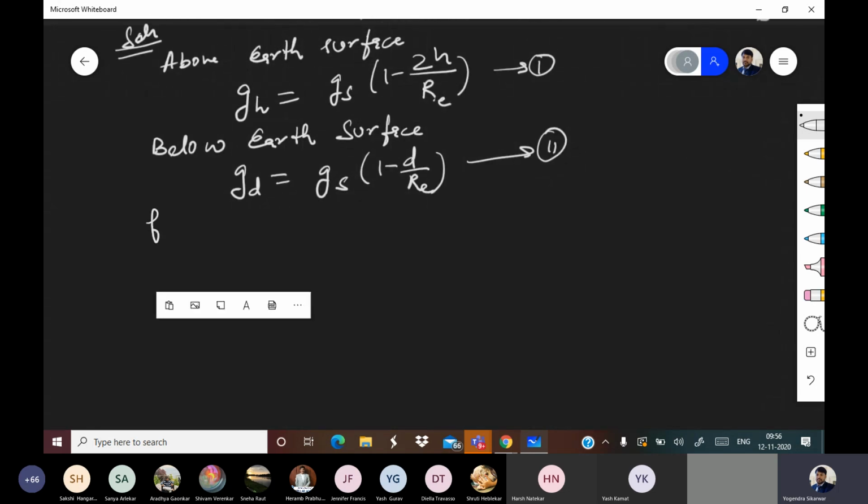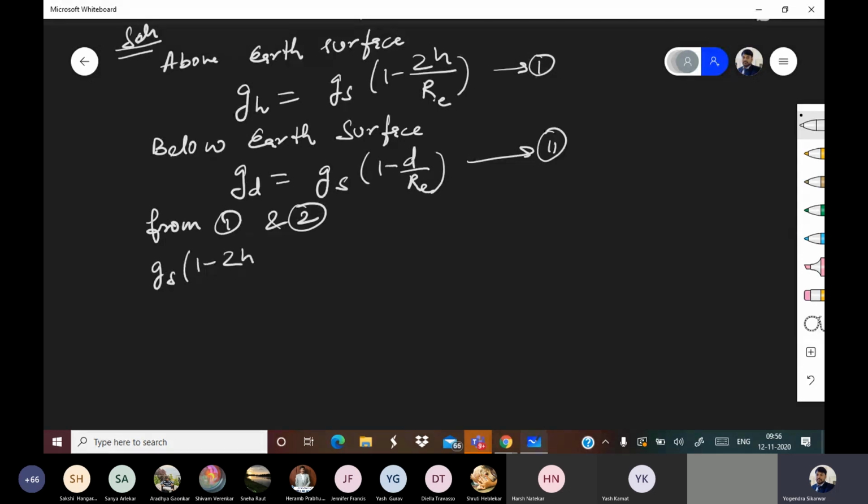So what we can do from 1 and 2: G_s into (1 minus 2h upon R_E) is equal to G_s into (1 minus d upon R_E).